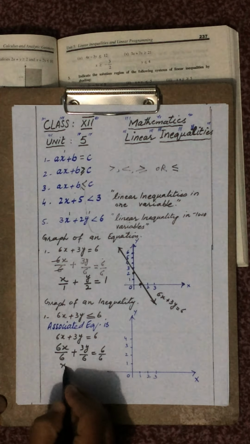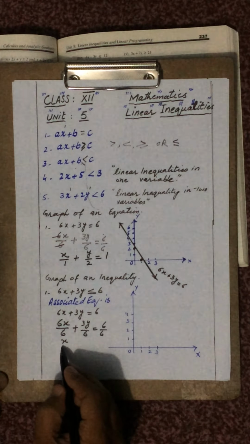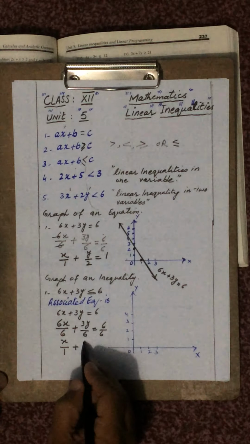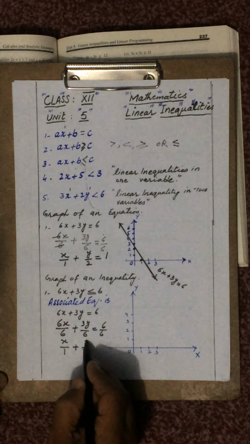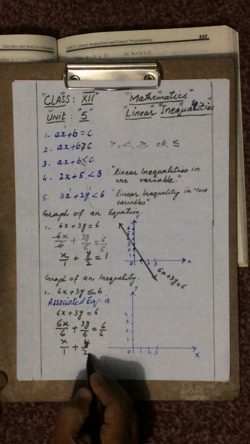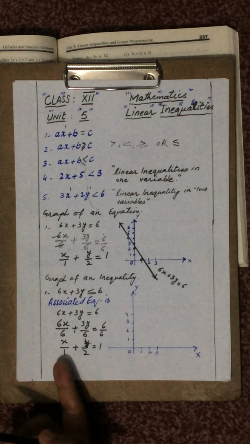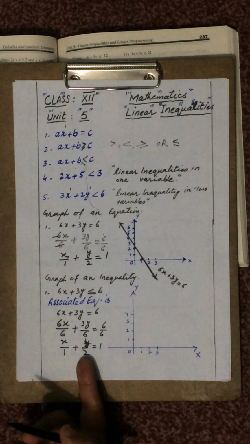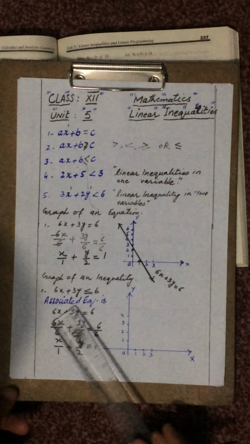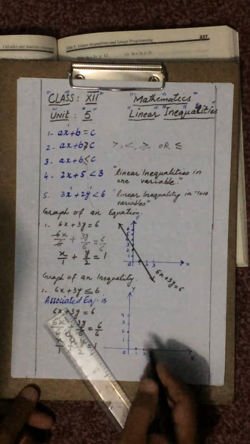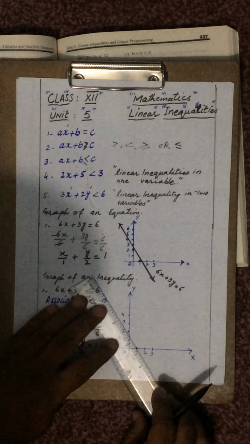We get x over 1 plus y over 2 equal to 1. So here again the x-intercept is 1, the y-intercept is 2. So we draw this graph with x-intercept 1 and y-intercept 2.